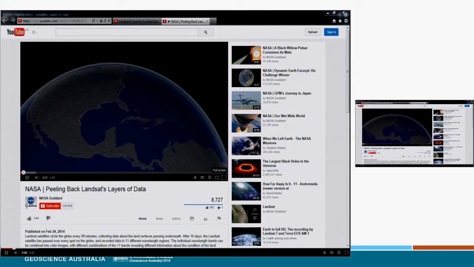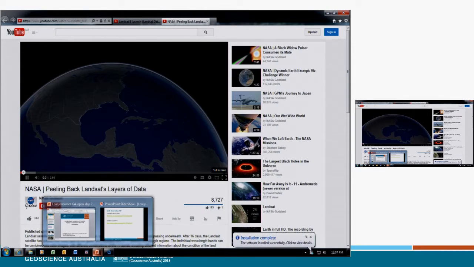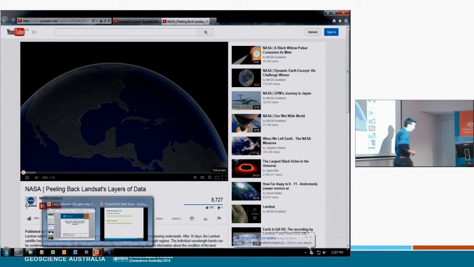That wasn't supposed to happen. Come on, don't do this to me now. Alright, seeing as that's not going to play ball, the underlying idea is that you get a swath of satellite imagery that comes down and you get an individual scene that represents a particular chunk of imagery.